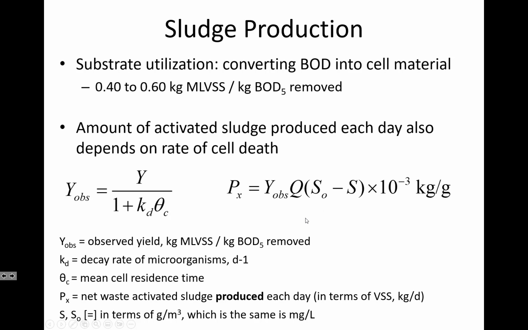Because, by the way, milligrams per liter is the same as grams per cubic meter. That's the same, because they're both by a factor of 1,000. So if you have milligrams per liter for your BOD concentration, but you want the sludge produced in terms of kilograms per day, then you would need to have this divide by 1,000 factor.